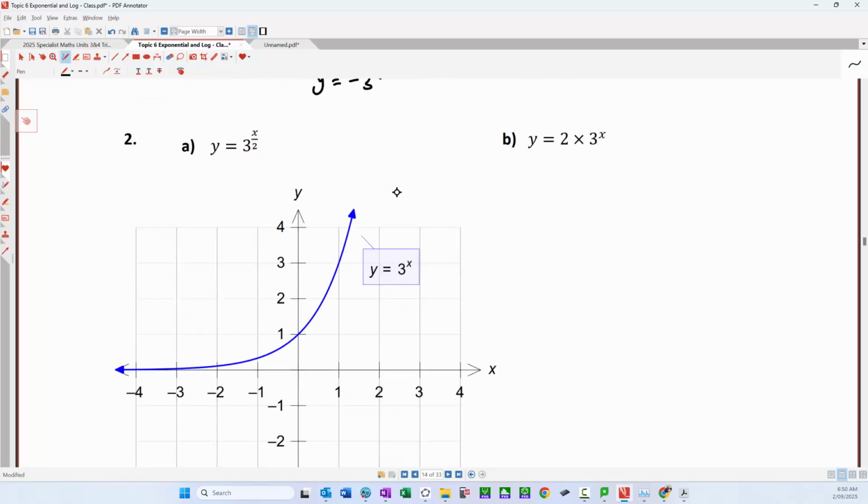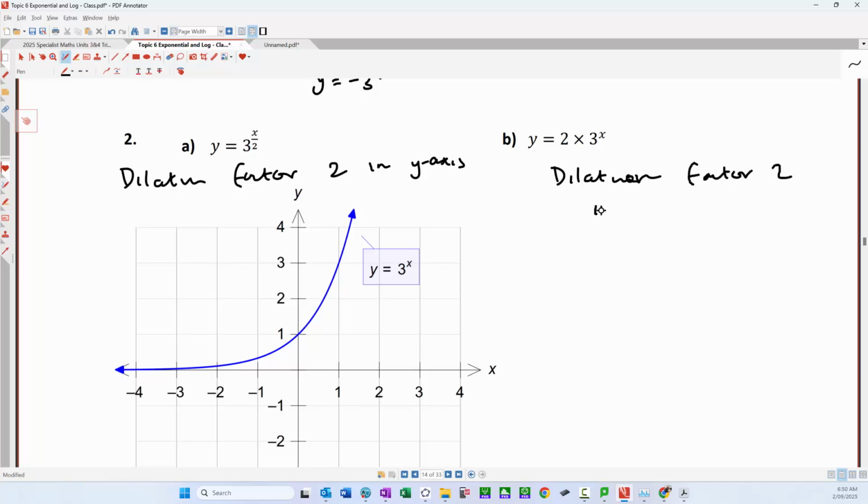Now this thing here, you need to be aware that that is a dilation factor, and intuition will say that that's factor 1/2, but it's actually factor 2 in the y-axis. This one here is a dilation factor 2 in the x-axis.